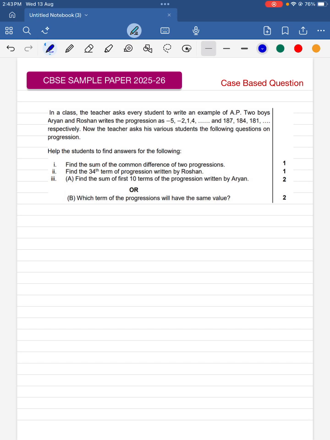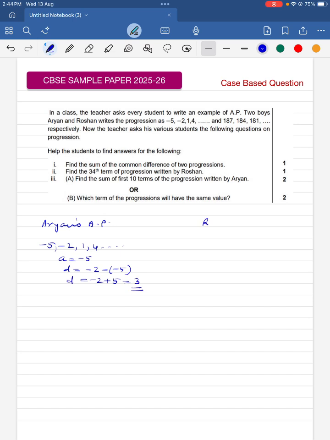Find the sum of the common differences of the two progressions. Okay, so we know that Aryan's AP is -5, -2, 1, 4 and so on, from which we know the value of A is -5 and D will be -2 minus (-5), which is -2 plus 5, which is equal to 3.